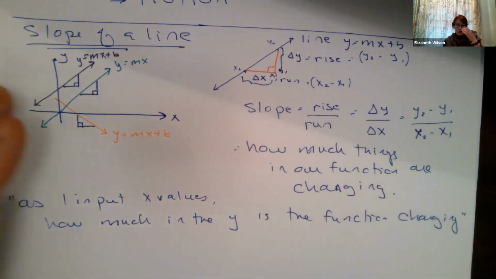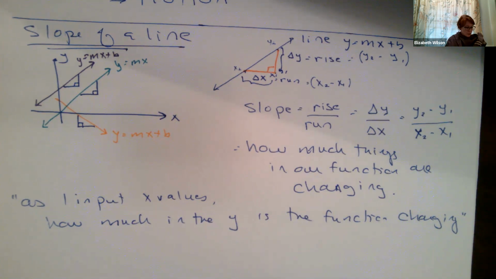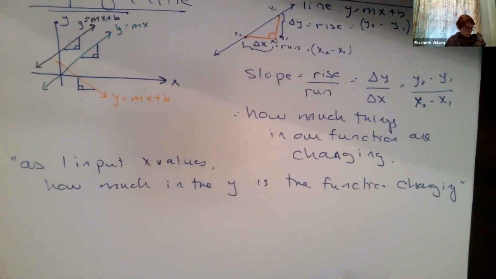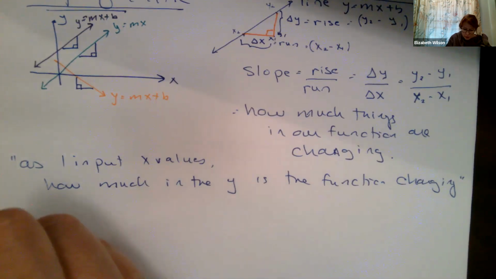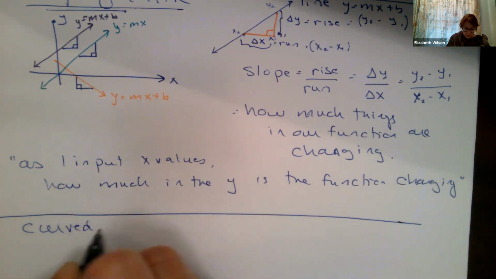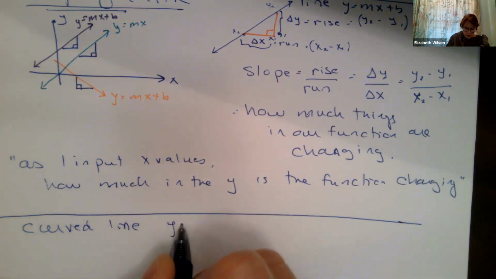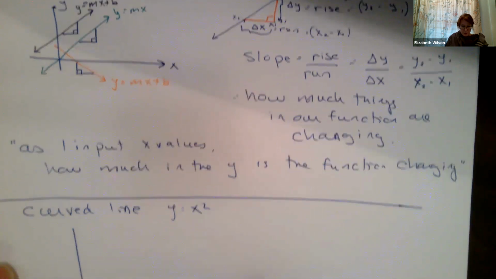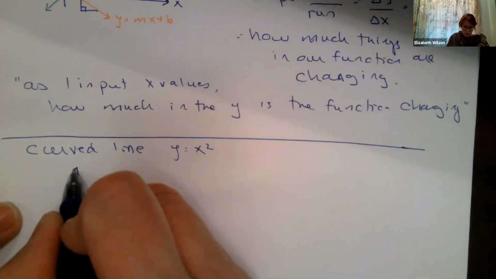And we're talking about straight lines here, okay? So now those are straight lines, but let's say I have a curved line, like say y equals x squared. Here's x, here's y.